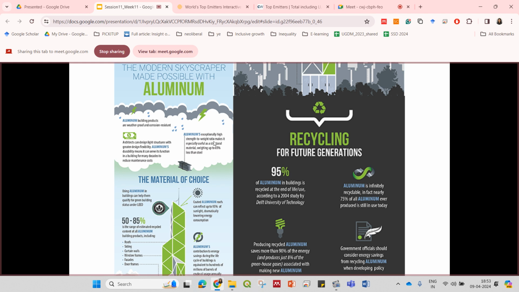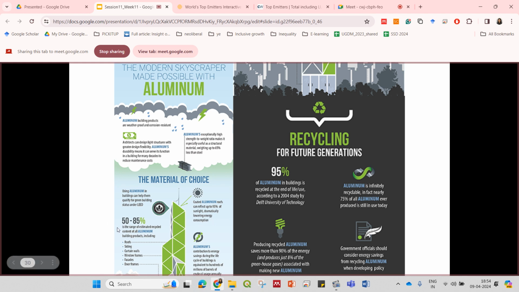Also, that aluminum's exceptionally high strength to weight ratio makes it especially useful as a structural material, weighing up to 65% less than steel. Also, using aluminum in buildings can help them qualify for green building status for LEED, and coated aluminum roofs can reflect up to 95% of sunlight, dramatically lowering energy consumption in the building.